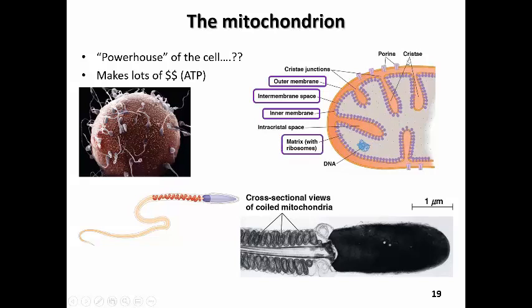We have what are called cristae, which are the interior folds of the inner membrane. And the inner part of this very large compartment that takes up the majority of the interior volume of the mitochondrion is simply referred to as the matrix. And the matrix does contain ribosomes, much in the same way that the cell cytoplasm contains ribosomes.